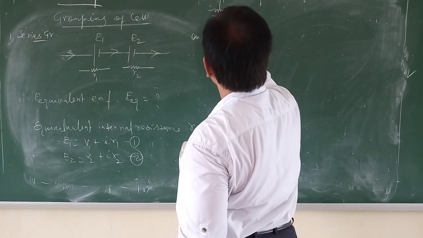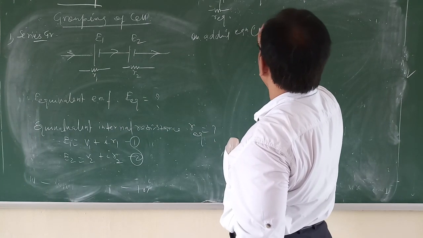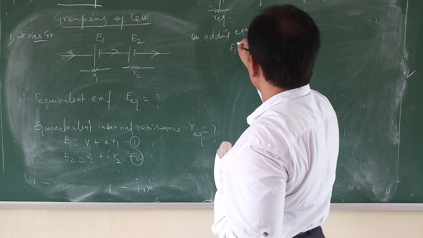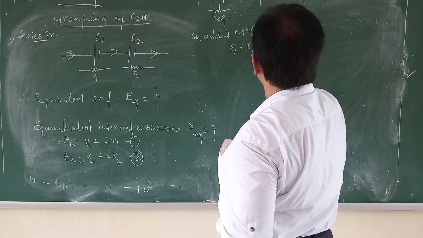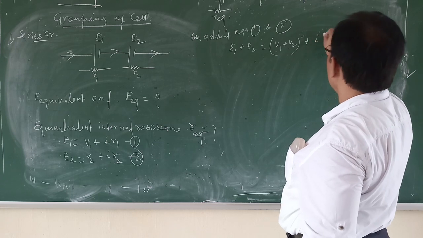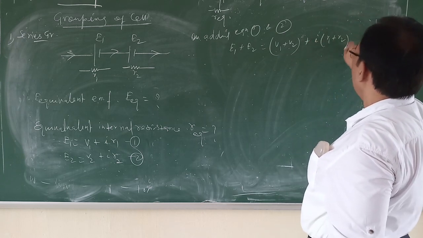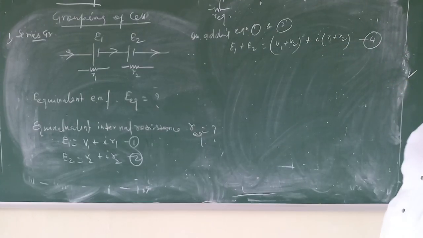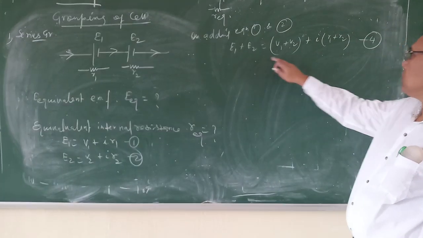On adding, you get E1 plus E2 equal to V1 plus V2 plus I times R1 plus R2. This is equation 4.